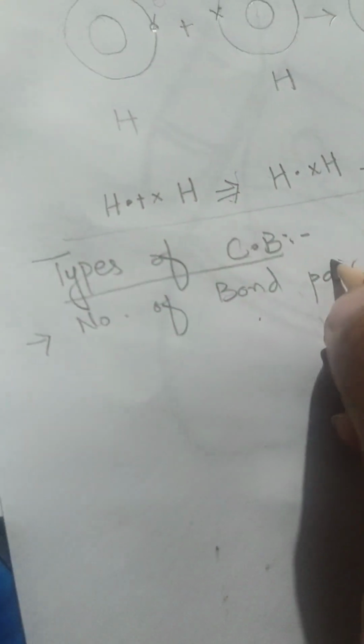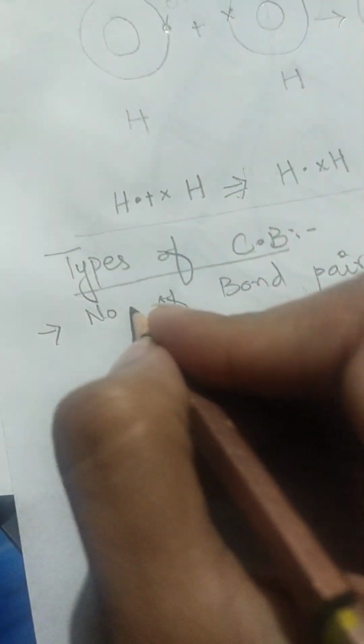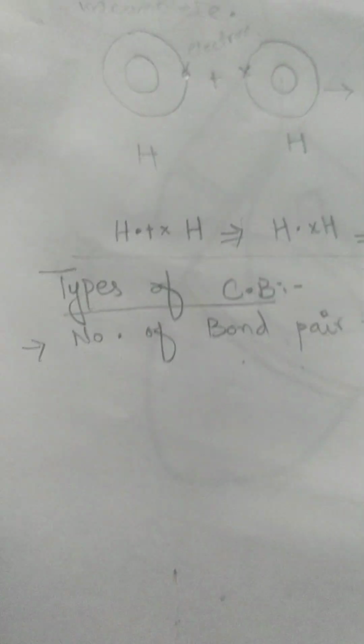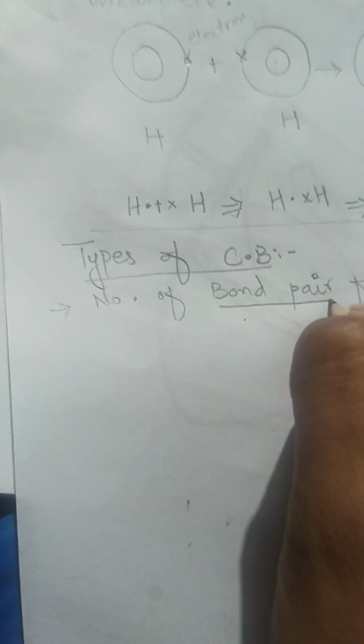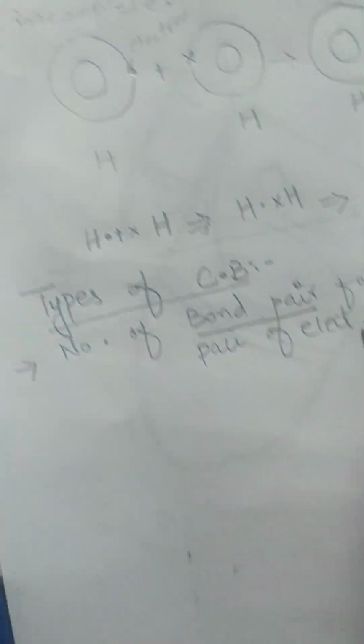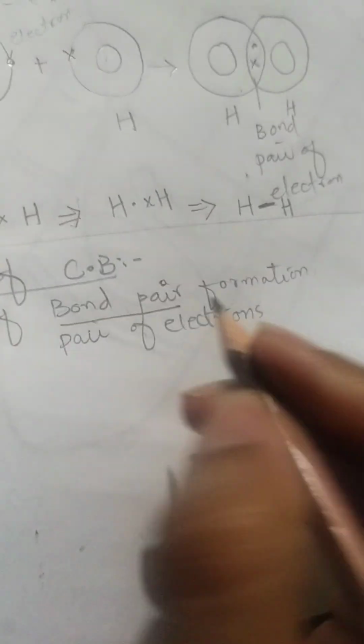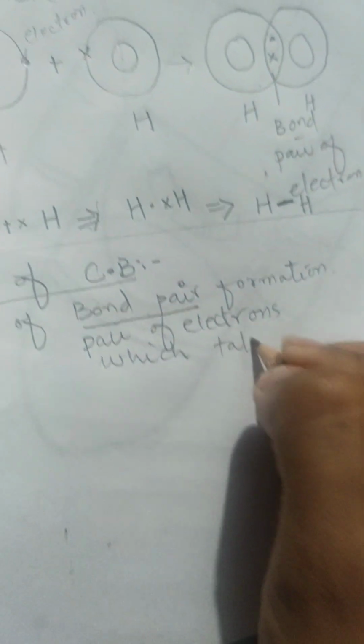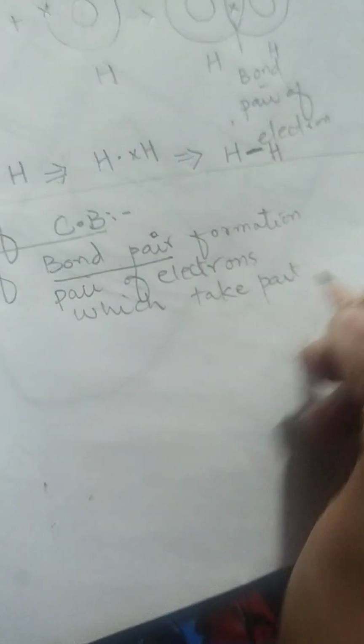Bond pair means the pair of electrons which take part in bond formation.